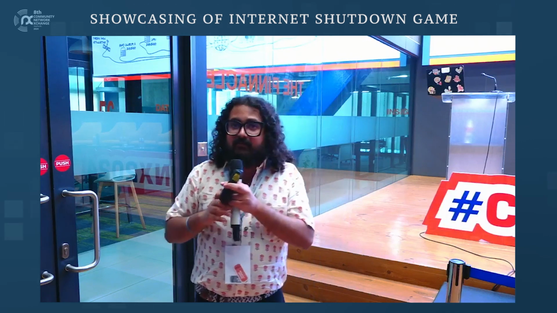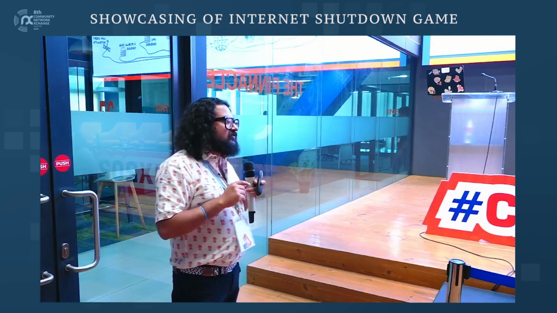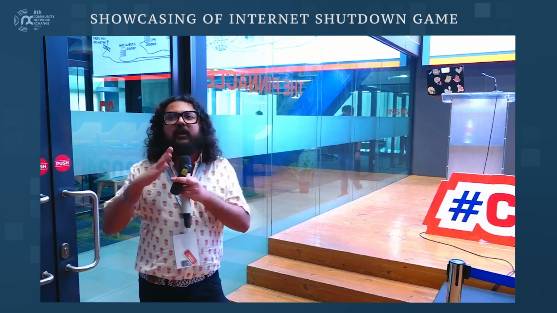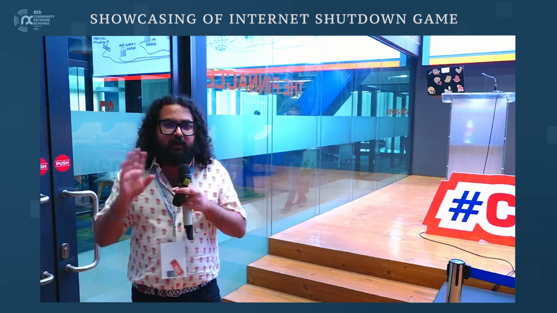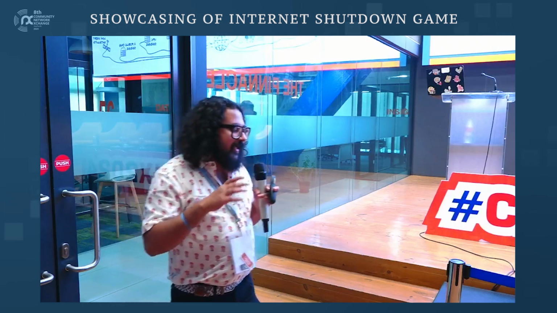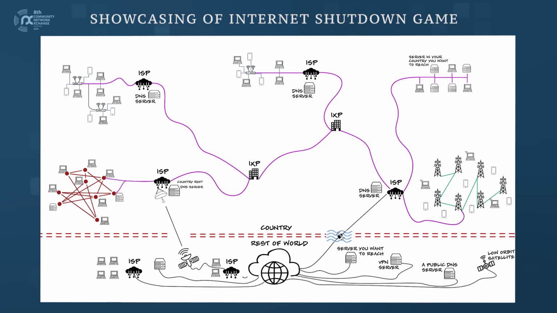Because it's a very nascent technology, and it's so new that it's unregulated currently. Most of the countries don't really regulate it. This is a way of bypassing your national infrastructure, right? Everything else, when you're using this map, you're using this national infrastructure chain to connect to the rest of the world. But when you use a low orbit satellite, you jump from your computer directly to that low orbit satellite and you're in the rest of the world.